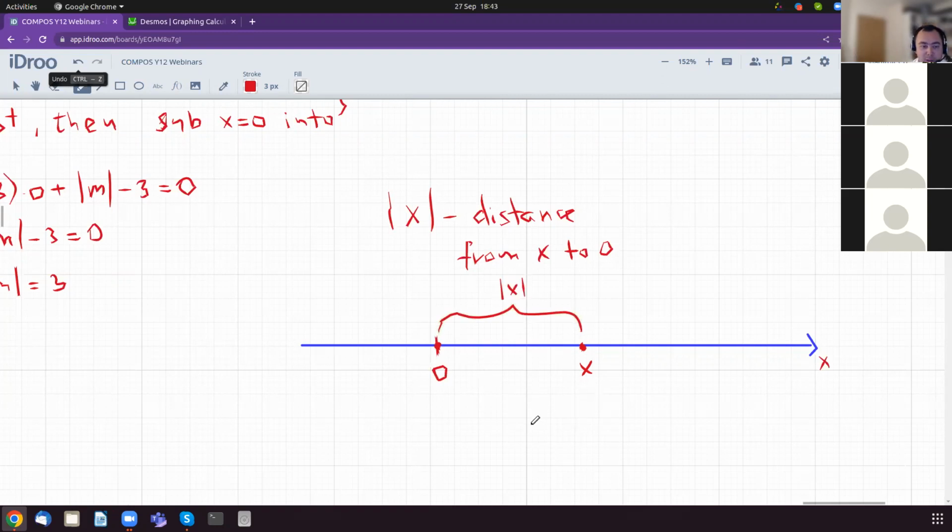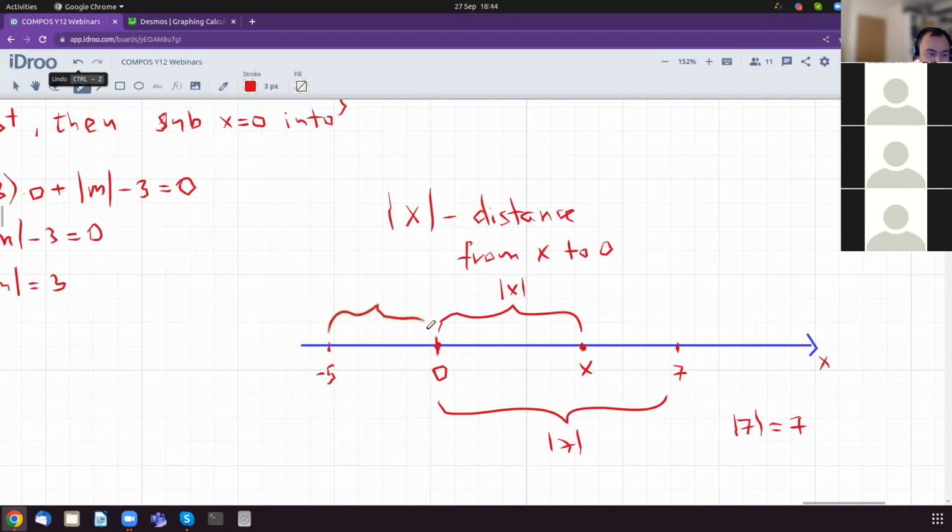So if the number is 7, this is modulus 7. What is modulus 7? It's 7. And this is minus 5, and this is modulus minus 5.